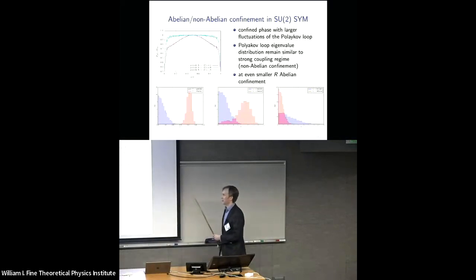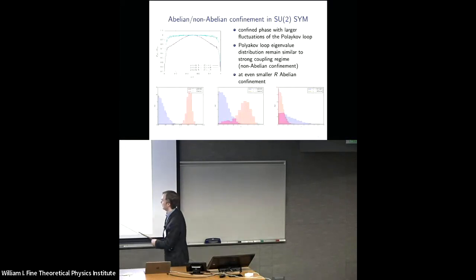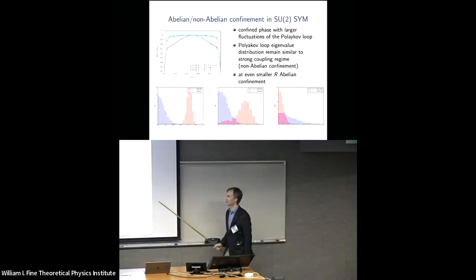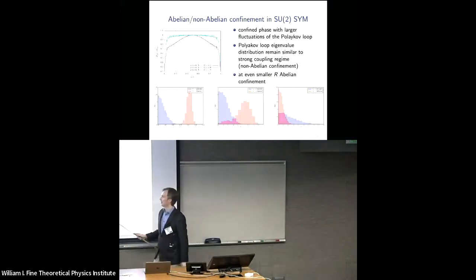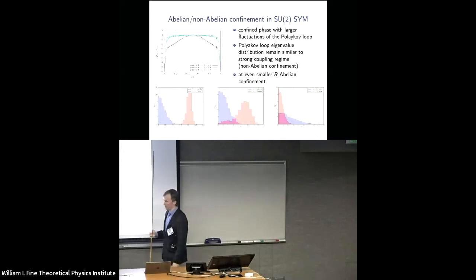One can do further investigations, and one sees that in this regime, where you go along this line here, the theory stays in something that looks like a strong coupling phase. So the phases of the Polyakov line eigenvalues basically fluctuate only according to the Haar measure.